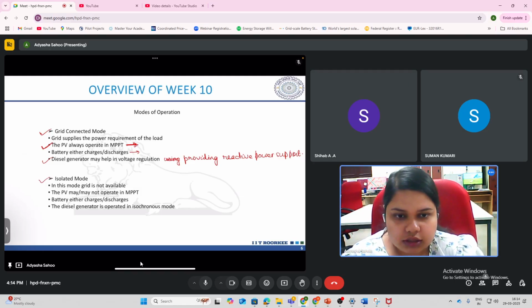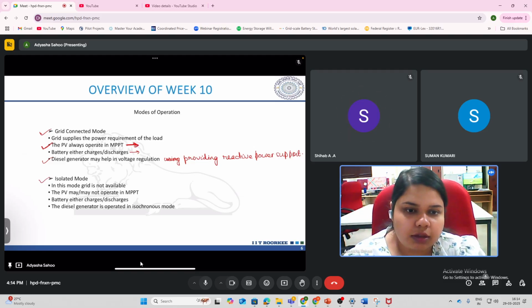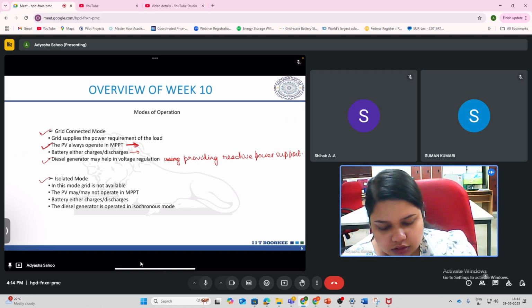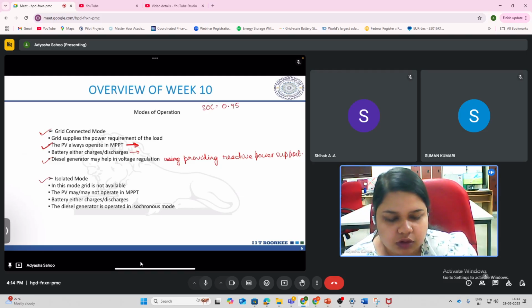But if it is in an isolated mode, it will depend on whether the battery has the capacity to charge or not. Let's say in the isolated mode your battery SOC is already at 0.95, or 95%, and the load is 0.2 megawatt.